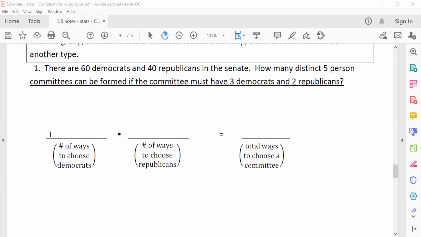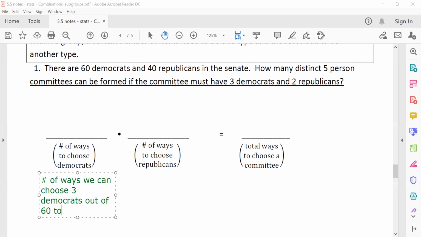Well, we have to first figure out the number of ways we can choose 3 Democrats out of 60 total.